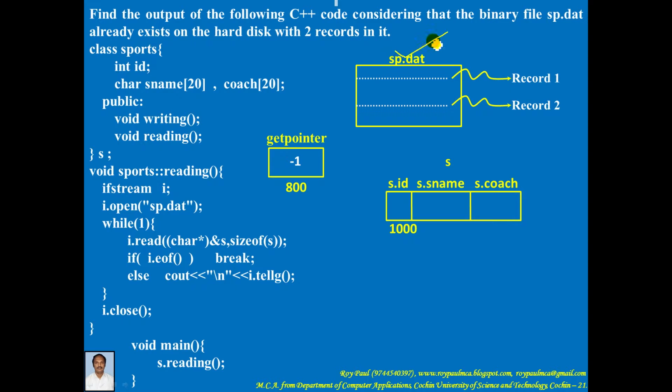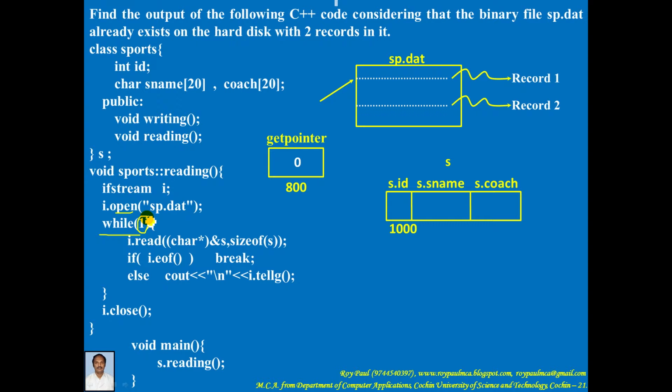This file reaches the computer's random access memory for reading, and when you open a file, by default the file pointer is at the beginning of the file. Your get pointer contains the position of the file pointer from the beginning. Now it is at the beginning of the file, so your get pointer contains 0. 0 means beginning of the file.